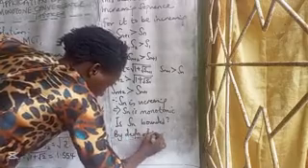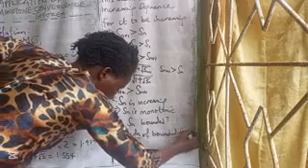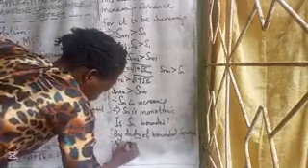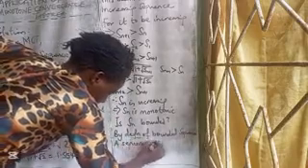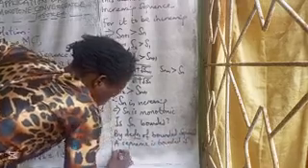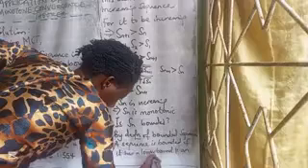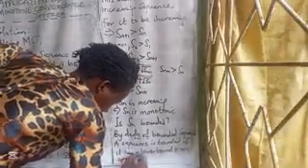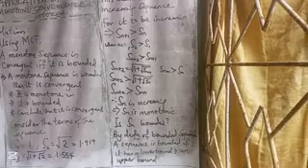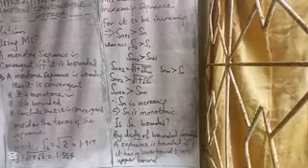By definition of a bounded sequence, a sequence is bounded if it has a lower bound and an upper bound.